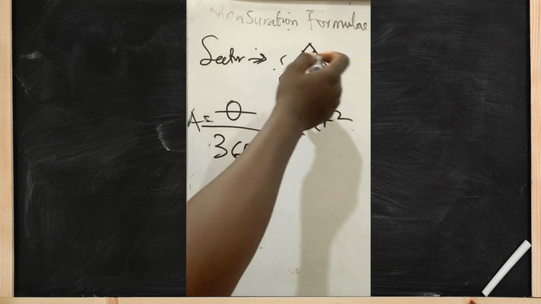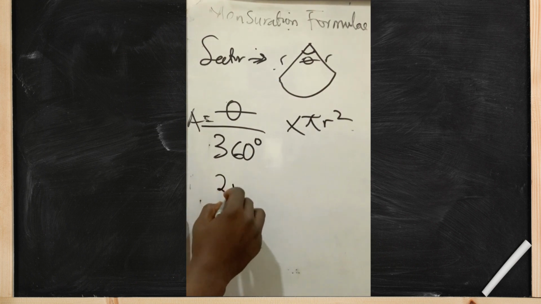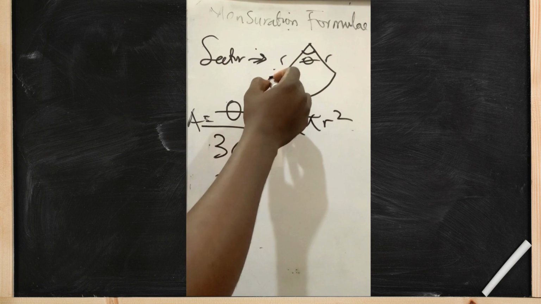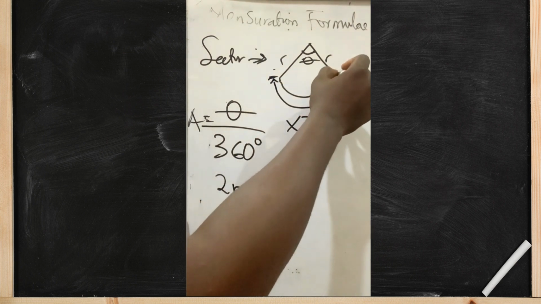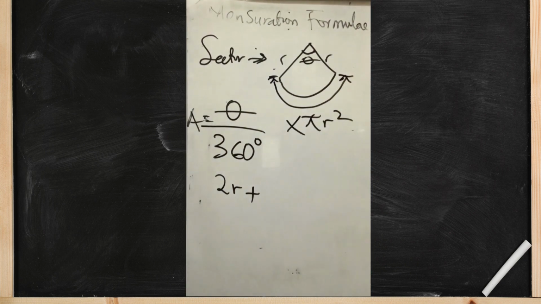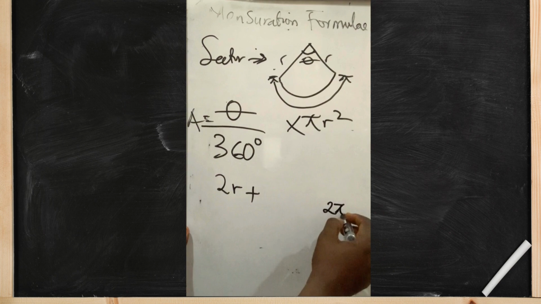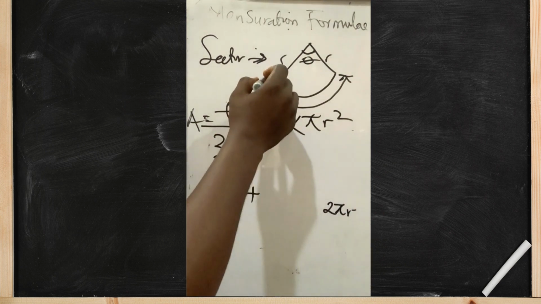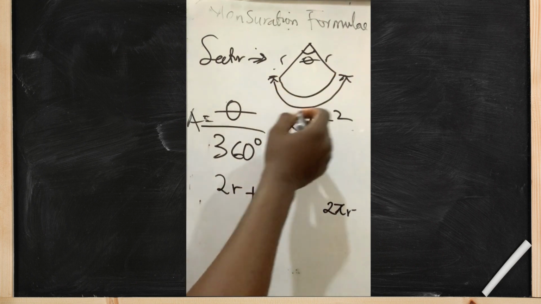By the time you add these radii together, you have 2r, plus the length from this end to this end, which will be a section of the circumference of a circle. Now you know I have studied earlier that the circumference of a circle is 2 pi r, right?